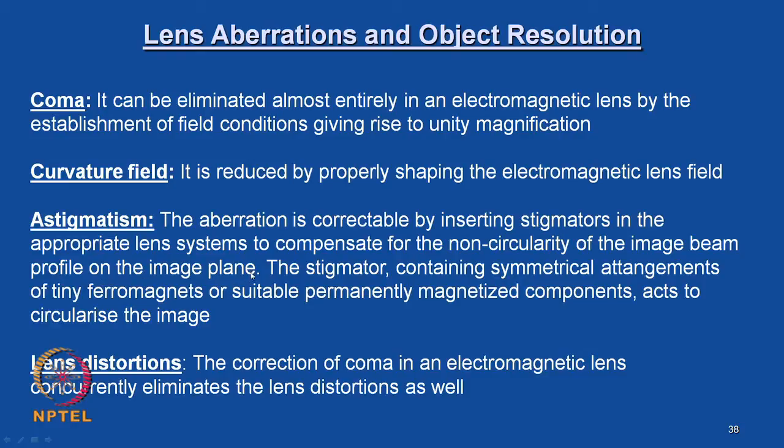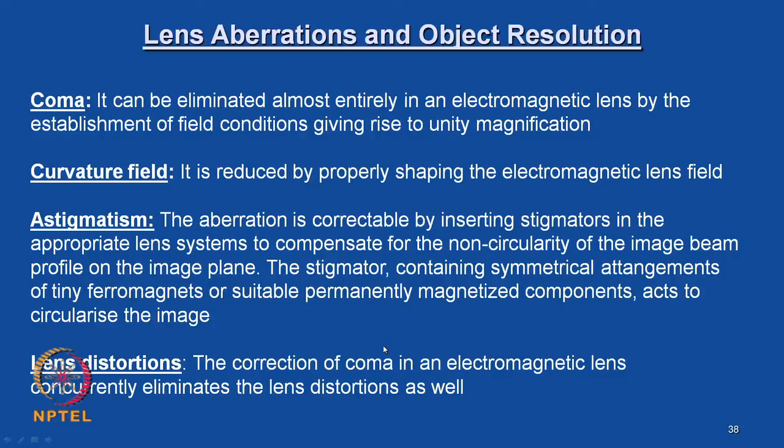So, what is a stigmator? The stigmator, containing symmetrical arrangements of tiny ferromagnets or suitable permanently magnetized components, acts to circularize the image. And the lens distortion: the correction of coma in an electromagnetic lens concurrently eliminates the lens distortions as well.